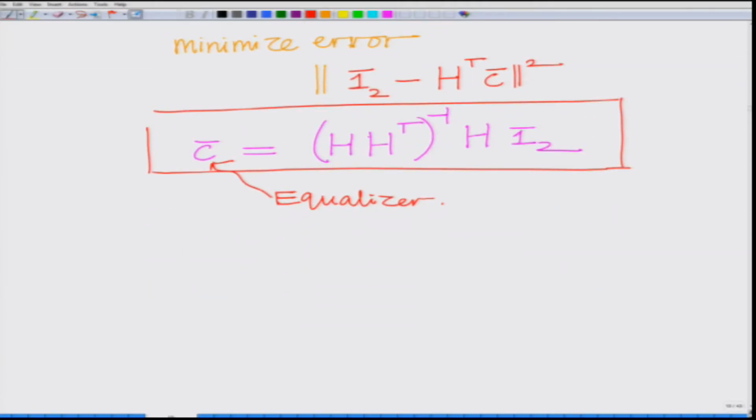Now, we want to find out how good this equalizer is, that is, how good an approximation it is to the vector 1 bar 2.